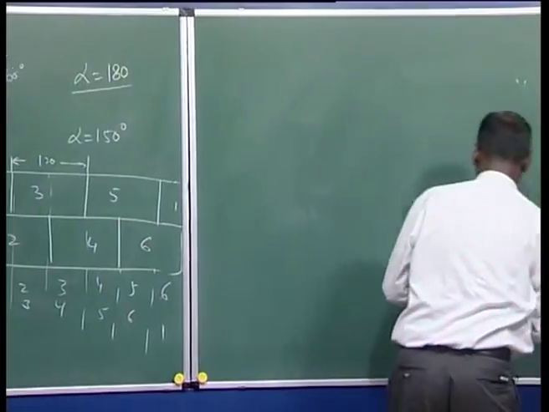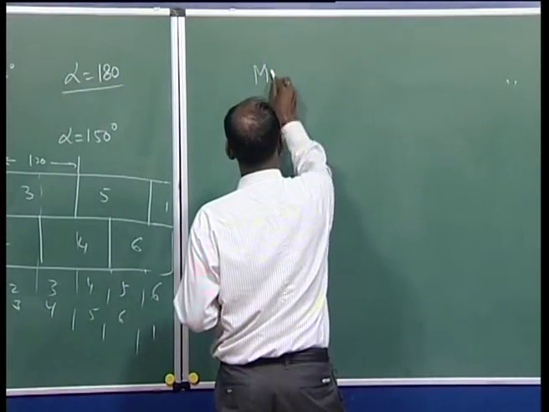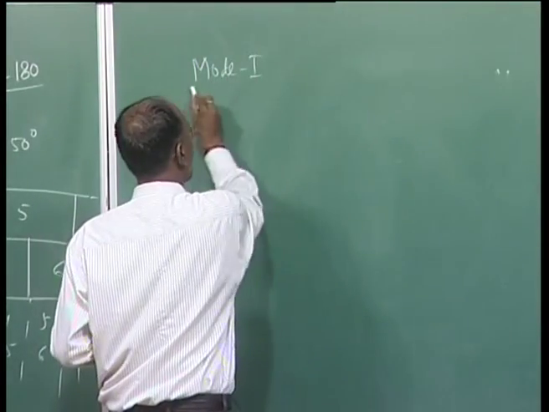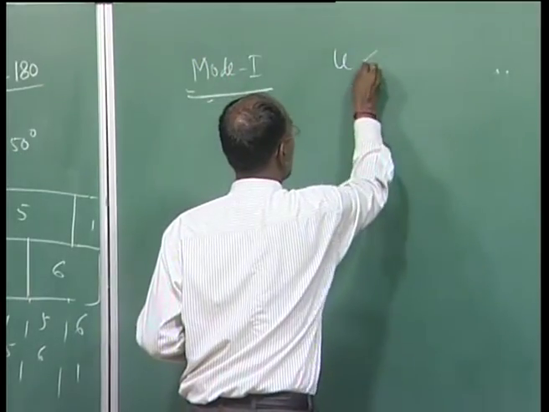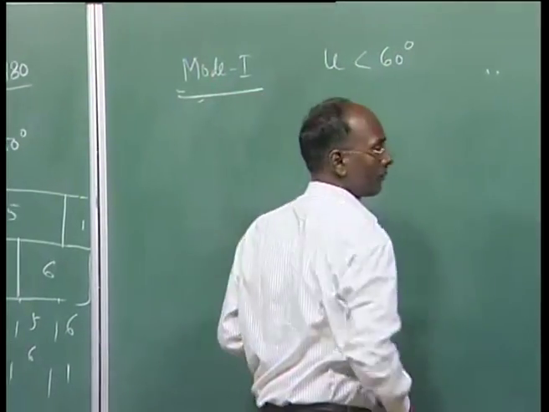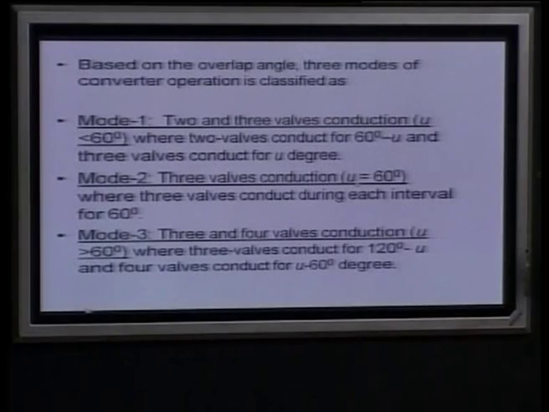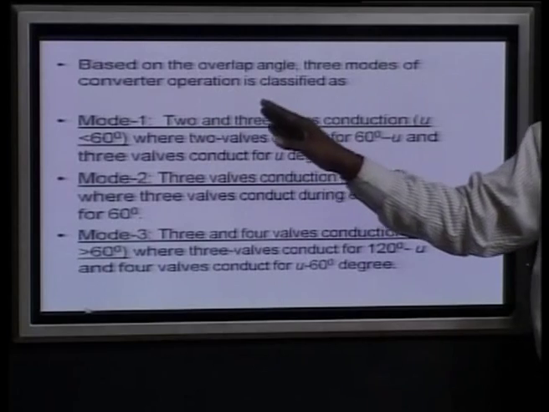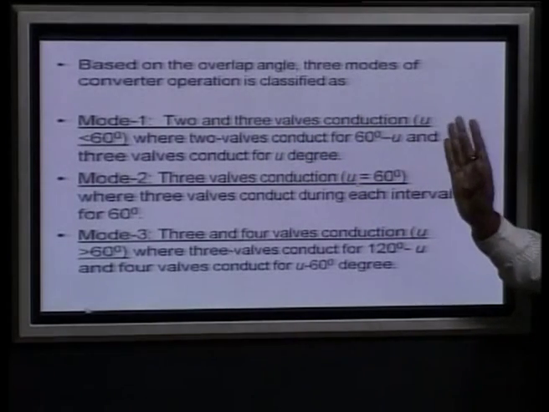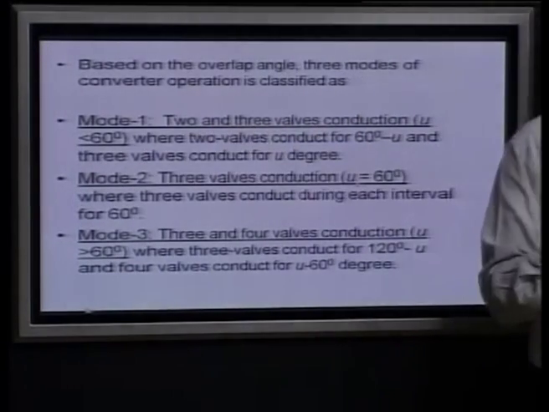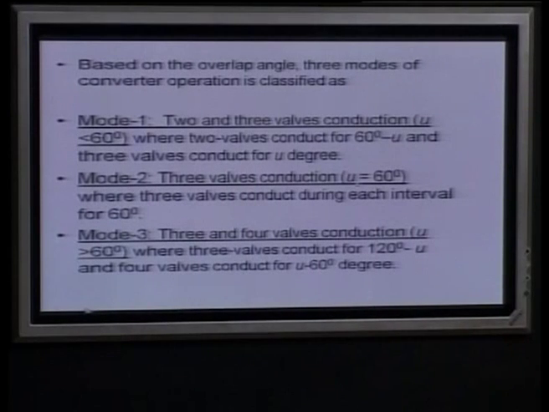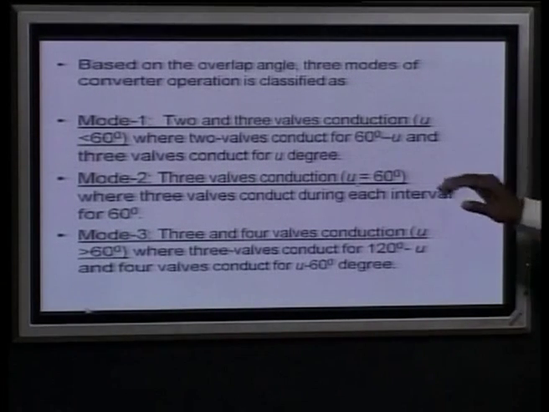Mode 1 is the case when u is less than 60 degree, meaning sometimes 2 valves and sometimes 3 valves will be conducting.